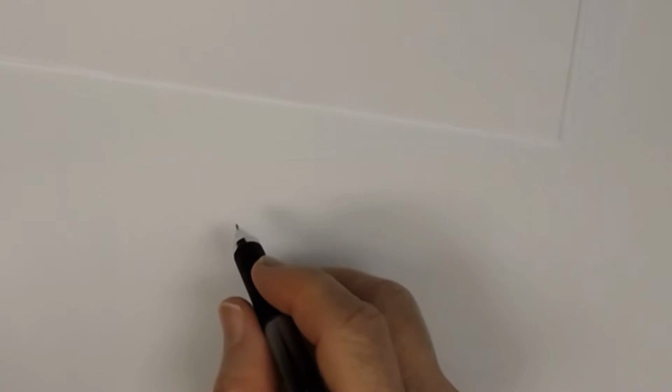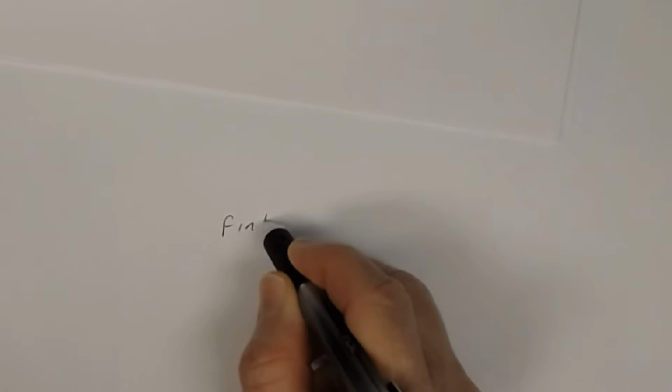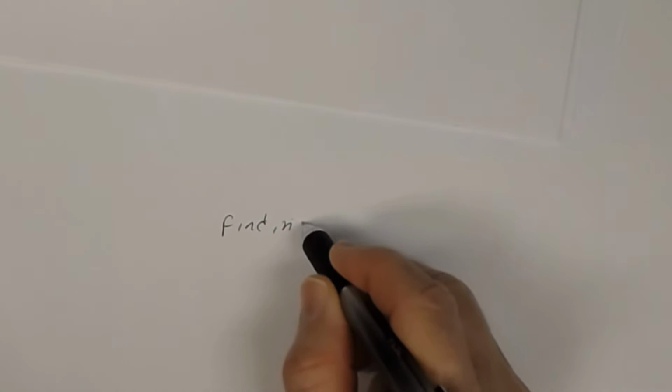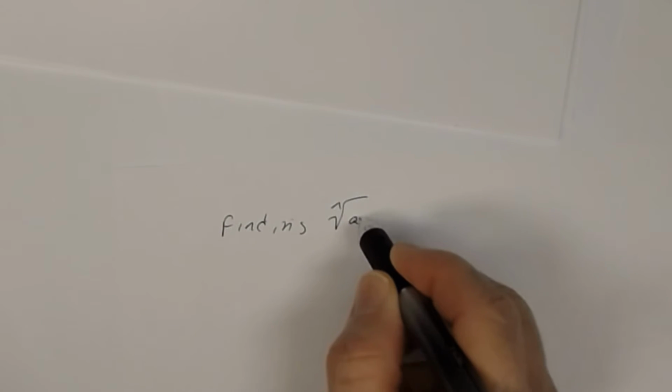All right, now let's look at this. Let's make sure you're understanding what's happening here. So here's the situation. Finding the nth root of a to the n.